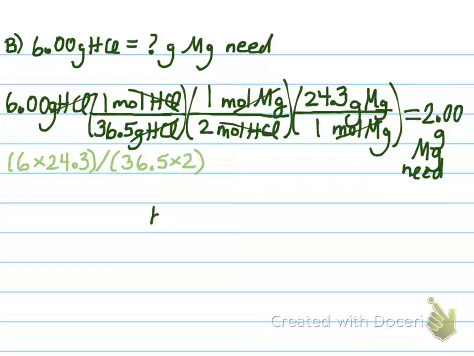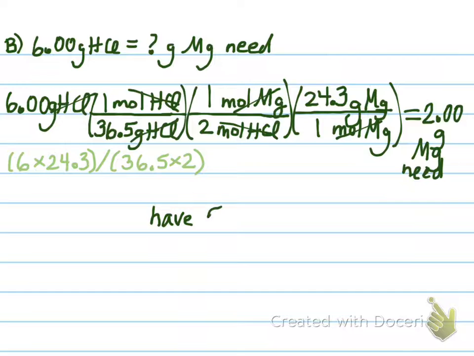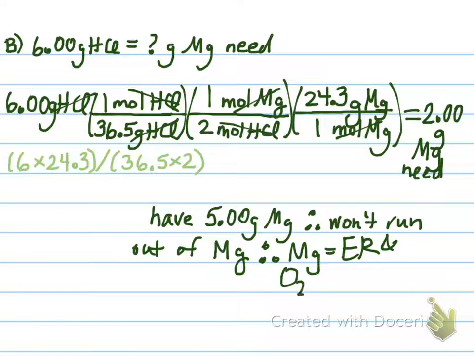Now, how much do we have? We have, in the problem, 5 grams of magnesium. Therefore, we won't run out of magnesium. Therefore, magnesium is our excess reagent, and oxygen is our limiting reagent.